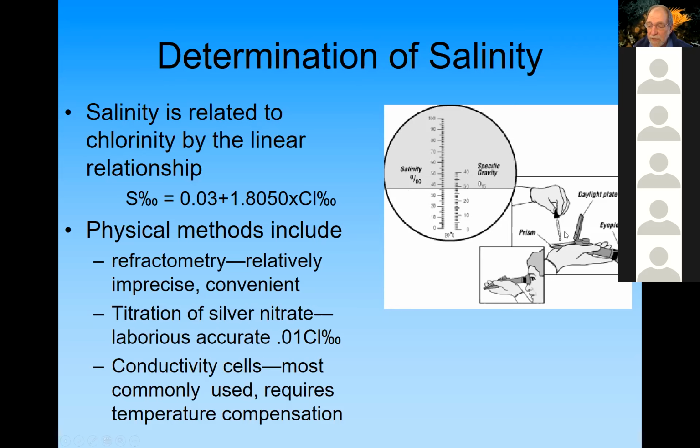You take the salinometer, you put a drop of the water that you're trying to test onto the screen. You lower the screen so it's flattened out. And then by looking at a light source, you can see where this refraction occurs. More refraction indicates a higher density, a higher salinity. Less refraction indicates a lower salinity. And so this is an accurate measurement of salinity.